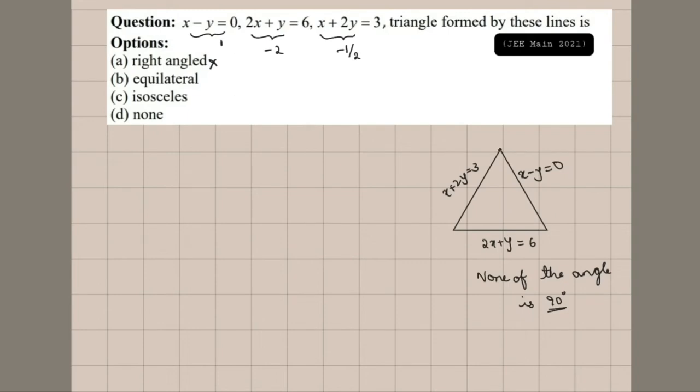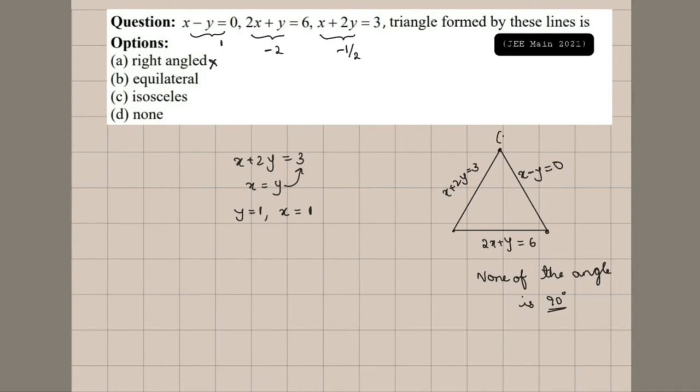So now we need to find the vertices. If suppose we got the product as minus 1, then the right angle would be answered without solving any equations. We can say directly by seeing the equations. So if you find the intersection of x plus 2y equals 3 and x equals y, substitute x equal to y here, we get y equals 1 and x equals 1.